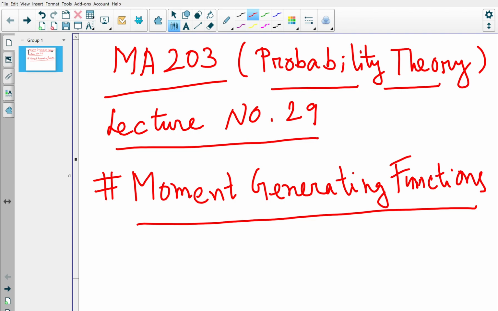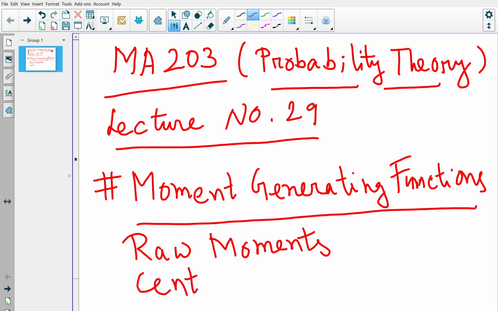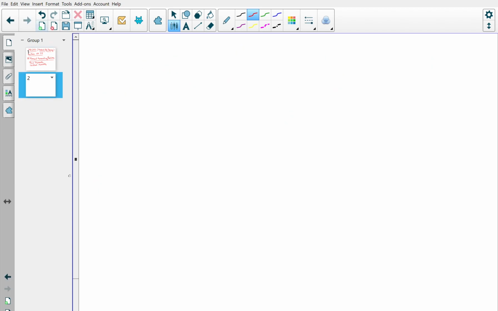So we'll talk about raw moments and central moments, which are already done in the class. Let me first define what a moment generating function is, and then we will learn why it has this name.